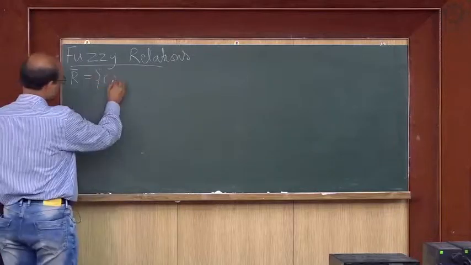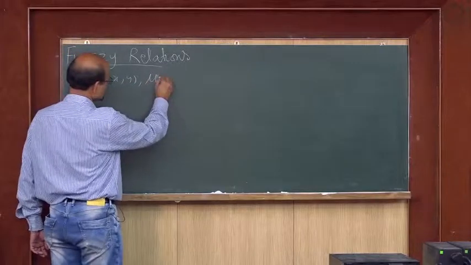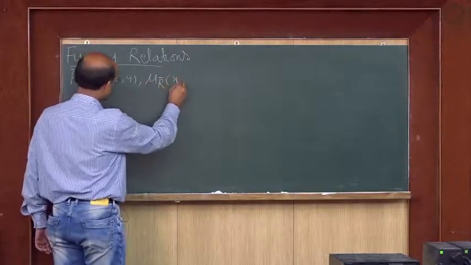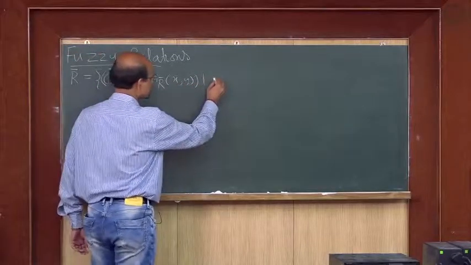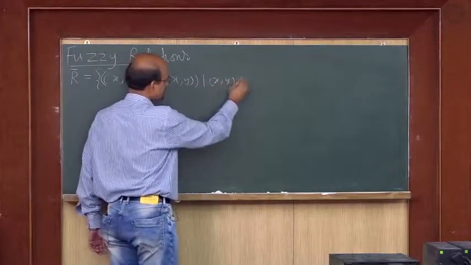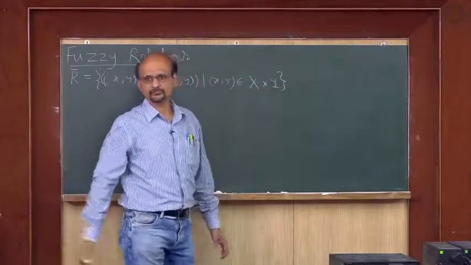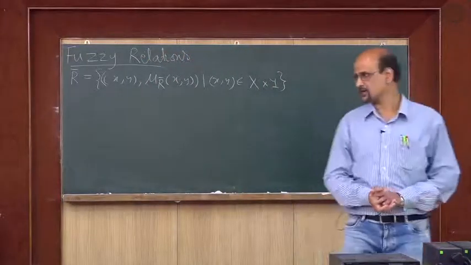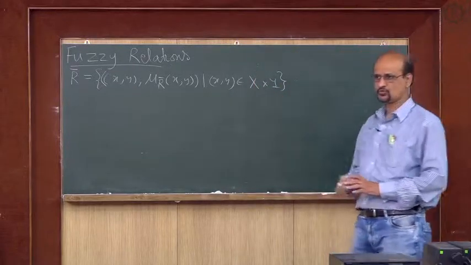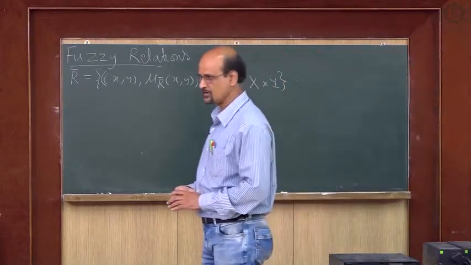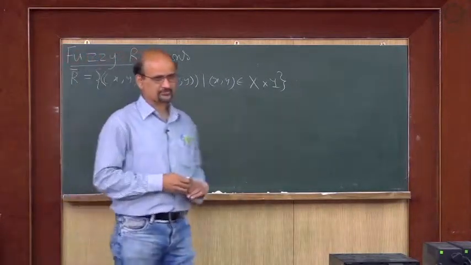R bar is equal to x, y and the membership function of this relation R bar x y, such that x y belongs to X cross Y. This we had defined in the last class when R bar is a relation from product space X to product space Y. And I wrote one example about temperature and pressure.